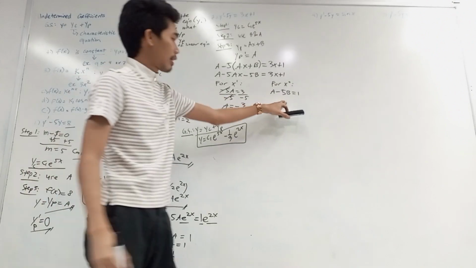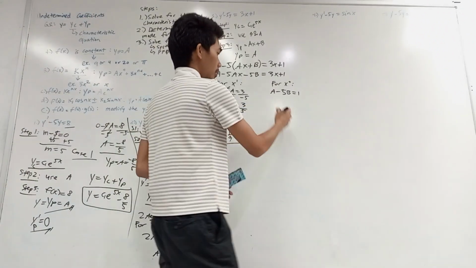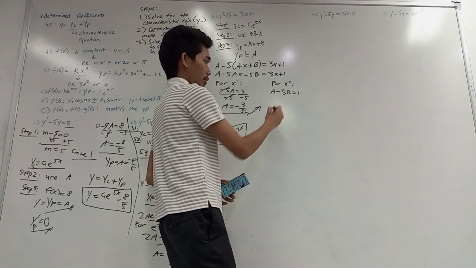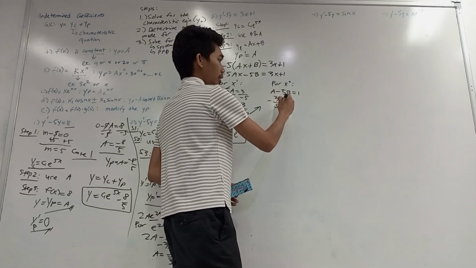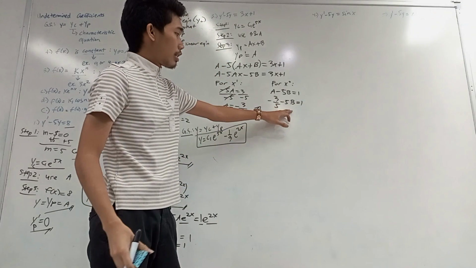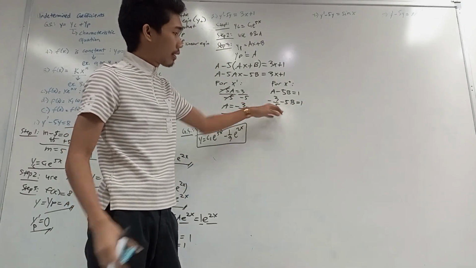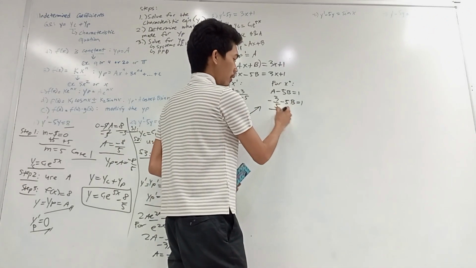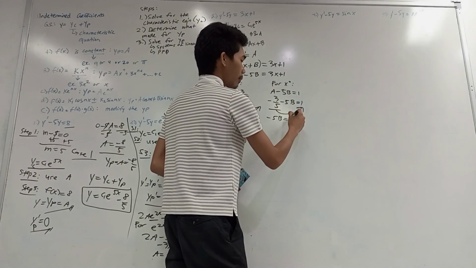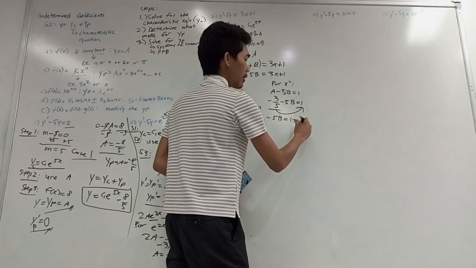Pagdating dito, substitute natin ang values. So a is negative 3/5 minus 5b equals to 1. So, transpose natin, negative 5b equals to 1 plus 3/5.